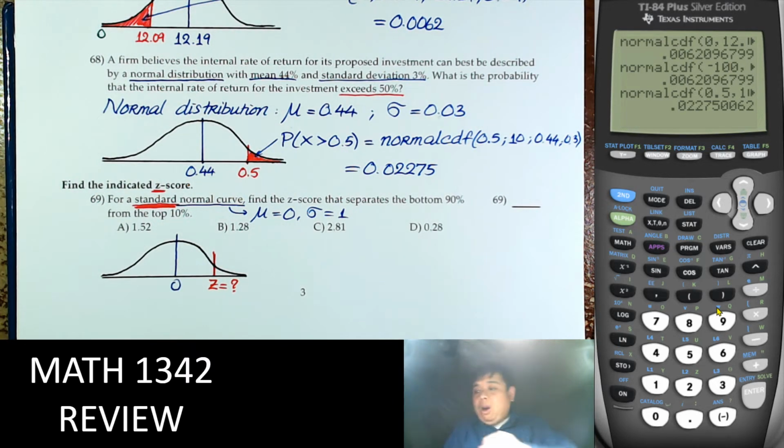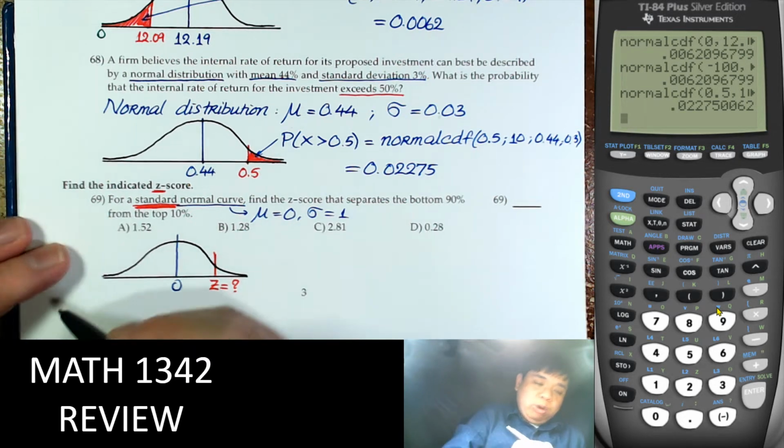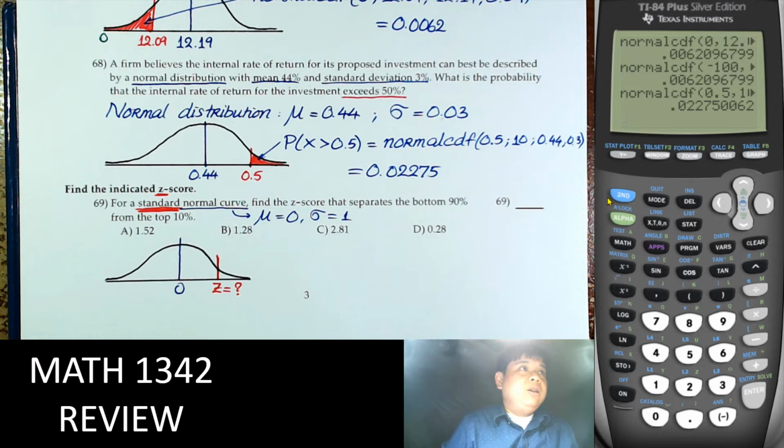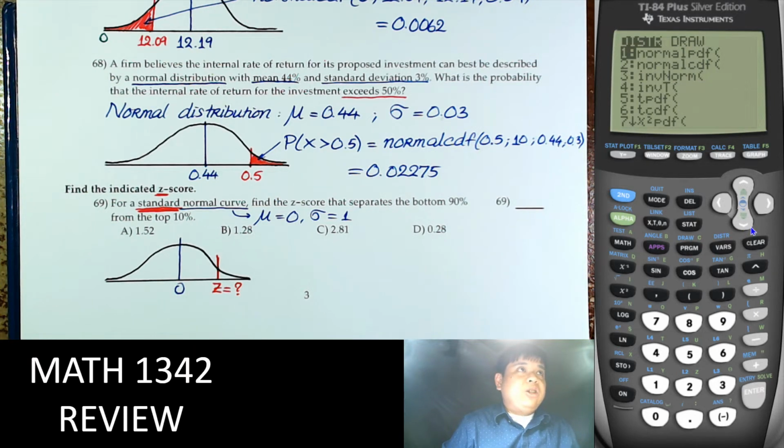Right, one thing to note, in this case, if we use the calculator, we're going to go with the inverse normal. So normal CDF is to find the area. Inverse normal is when we're trying to find the values when we know the area.